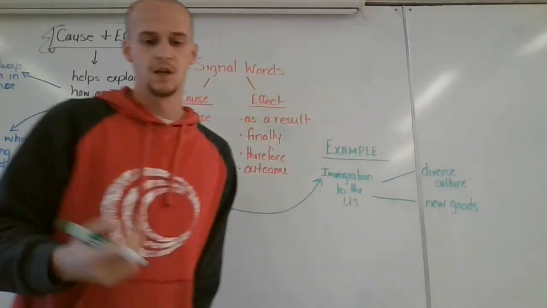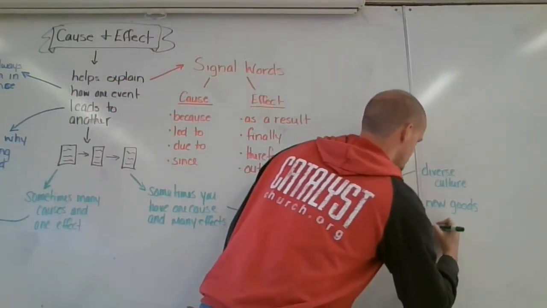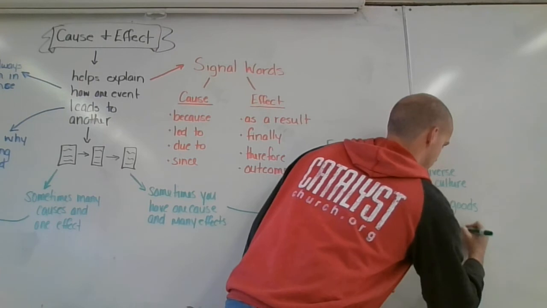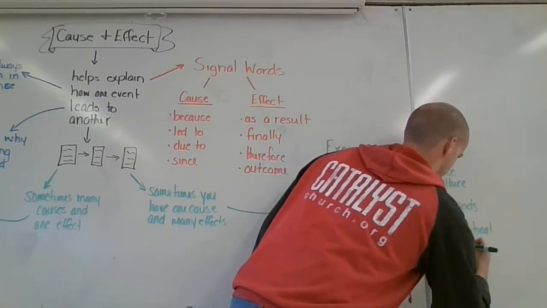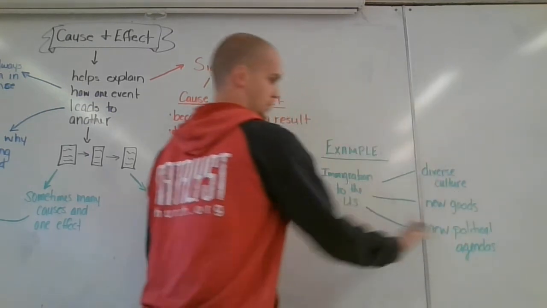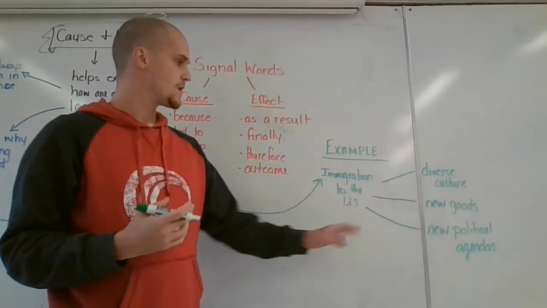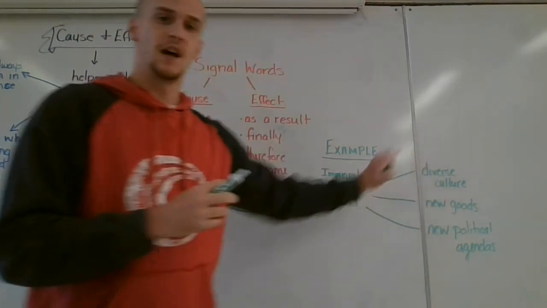You see new goods start to emerge. And then, you start to see new political agendas. That can be both good and bad for those immigrating to the United States. But you see three effects of one cause.